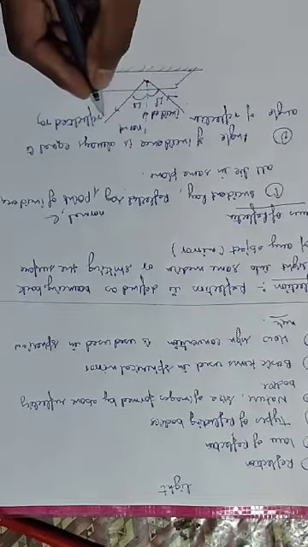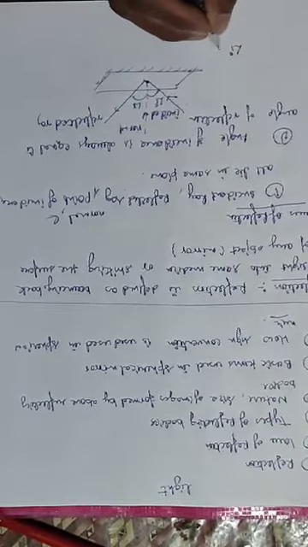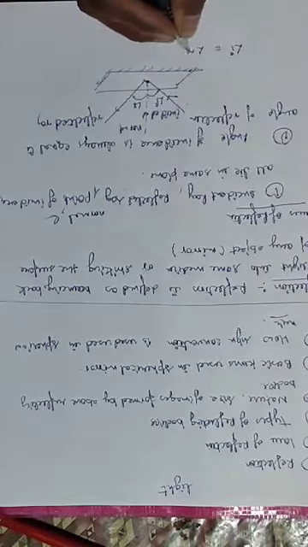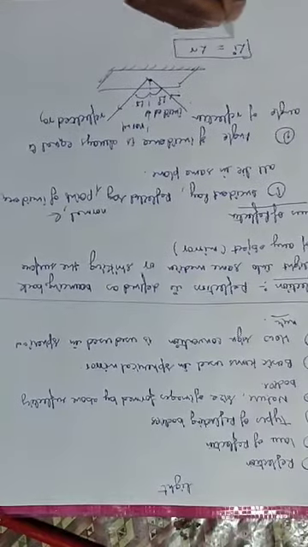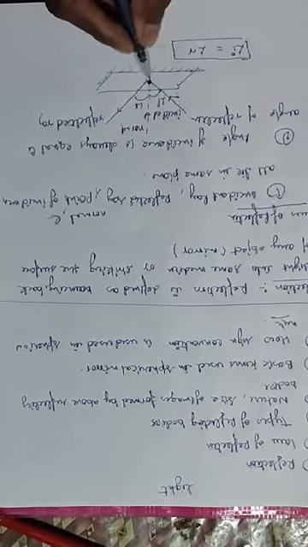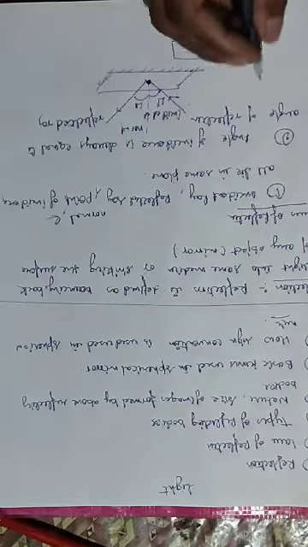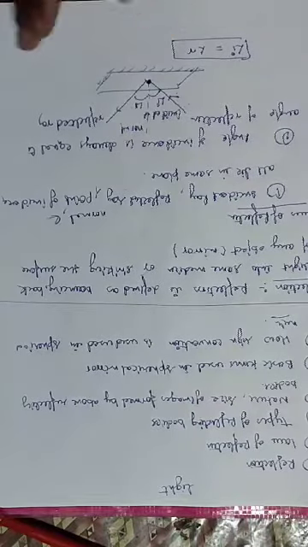We can mathematically write the second law as angle i equals angle r. And the first law says the incident ray, point of incidence, normal and reflected ray all lie in the same plane.